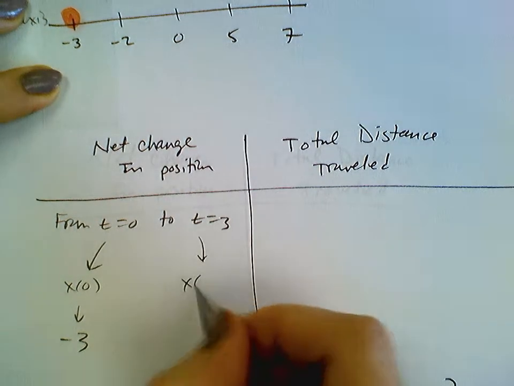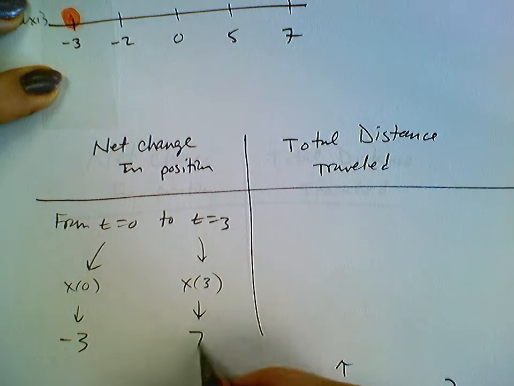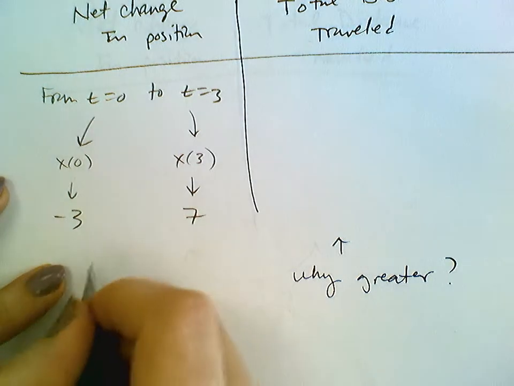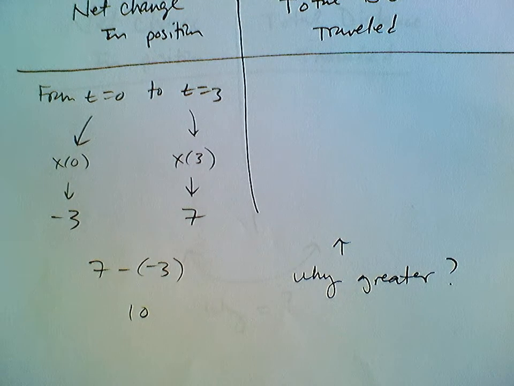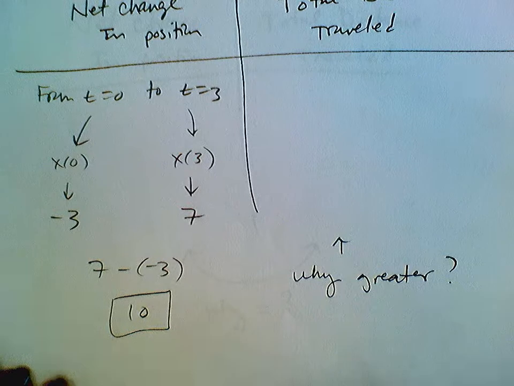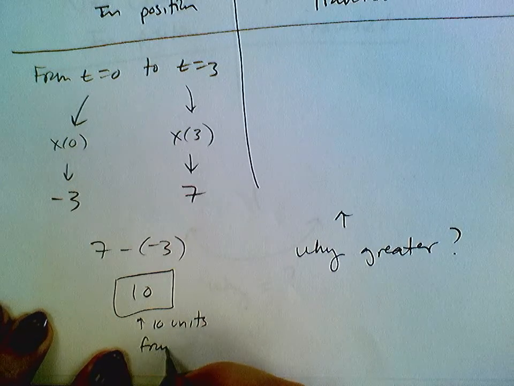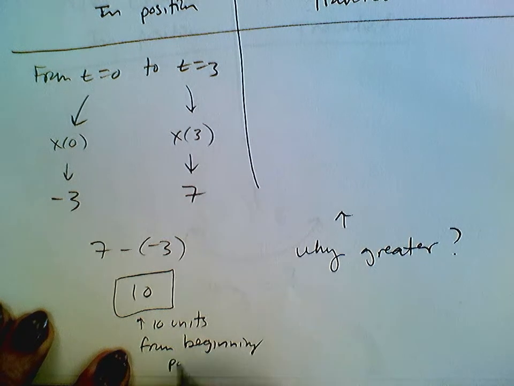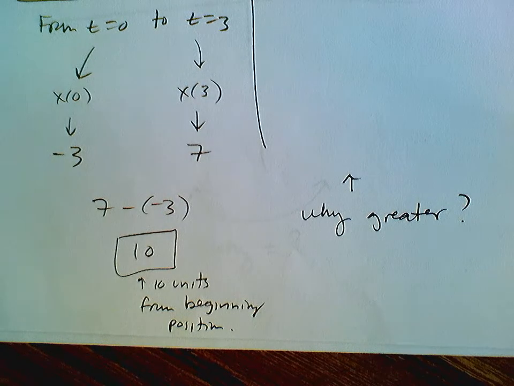And at t equals 3, our position is 7. So the net change in position is 7 minus -3. It's 10. So the net change in position is 10 units from the beginning position. That's the displacement, or the net change in position.